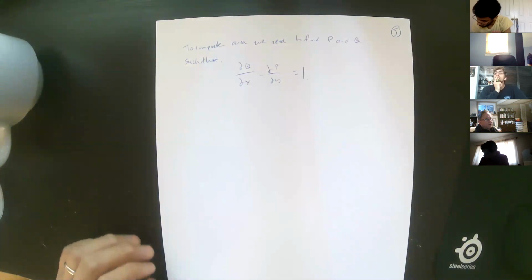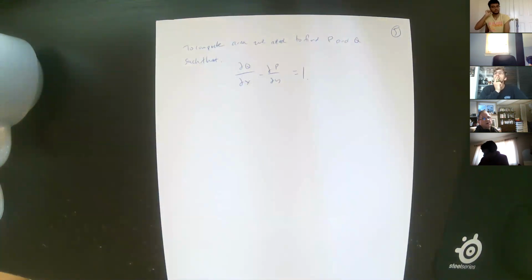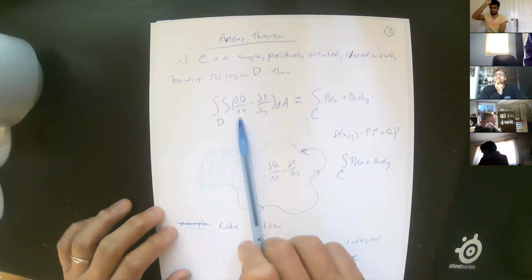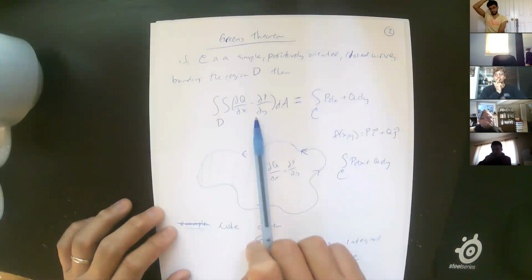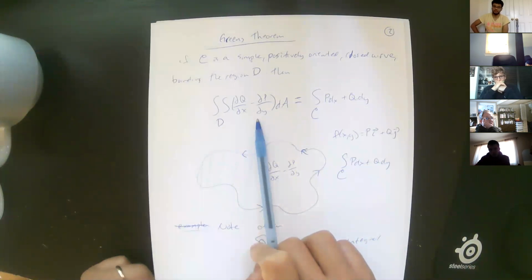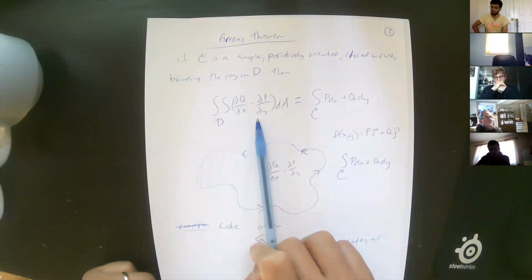Right? Because what is Green's theorem? I want this thing to be equal to 1 if I'm computing the surface area. Right? So all I've got to do is find some functions that make that happen.